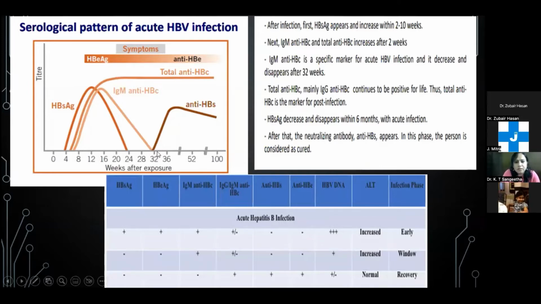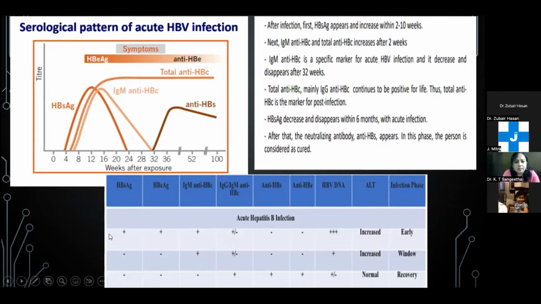During this window period, what can be detected is the IgM anti-HBc. After nearly 32 weeks, we have the anti-HBs, which is the neutralizing antibody development. In this phase, the patient will be cured of the acute infection. Now let's take the clinical interpretation of the various markers and how to diagnose each phase.